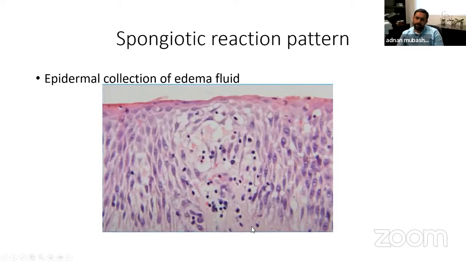And then in the background, you see all these blue dots that are seeping into the epidermis. These blue dots are lymphocytes that are extravasating from the underlying dermis into the epidermis. This process is called exocytosis.